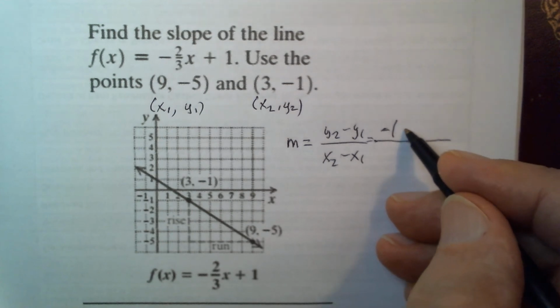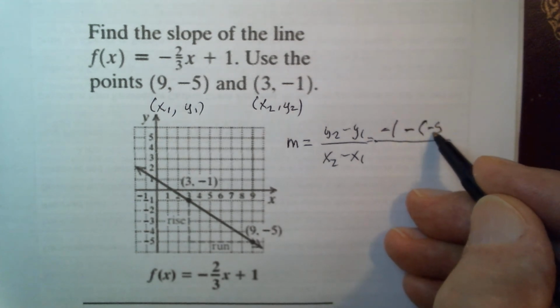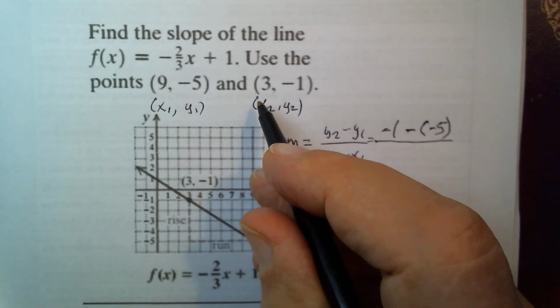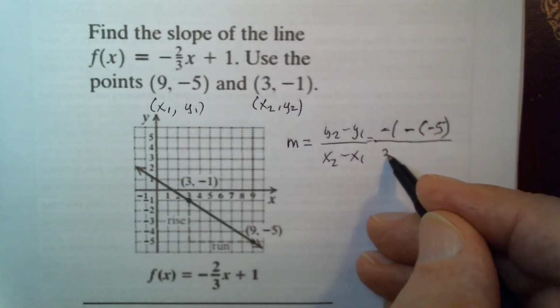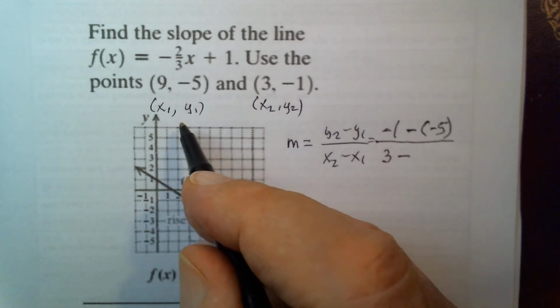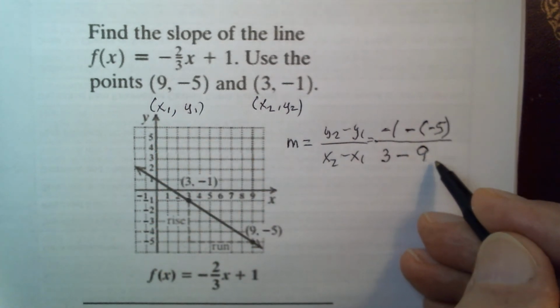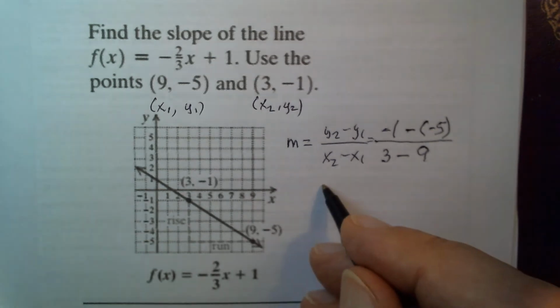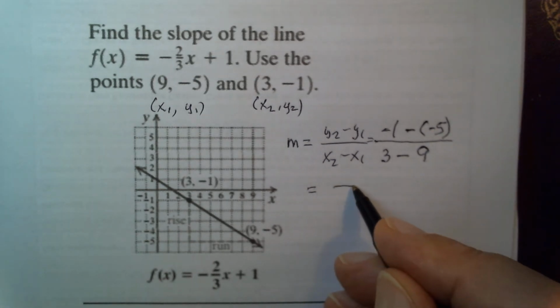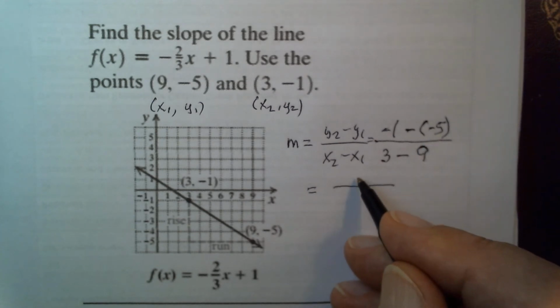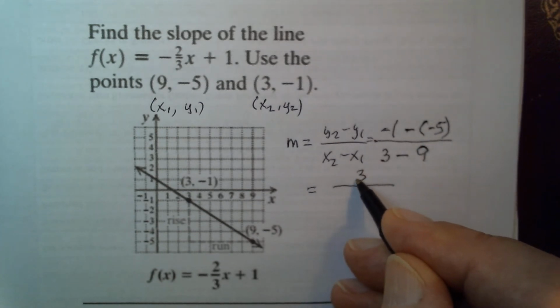So minus negative 5, divided by x sub 2, which is 3, minus x sub 1, which is 9. This gives us then minus 1 plus 5, and it would be equal to 4.